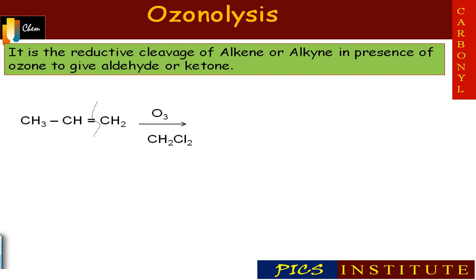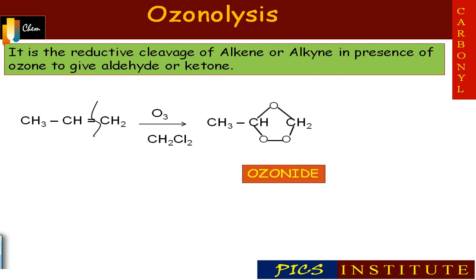Splitting of two bonds at the site of pi bond takes place, and this results in formation of ozonide, the species formed by ozone.